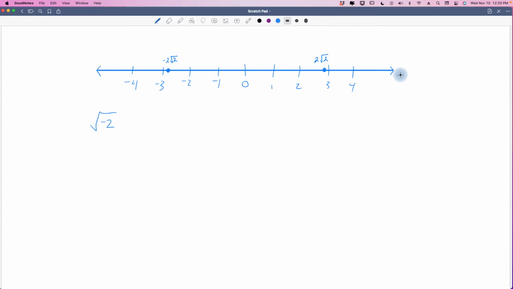So we call these numbers that can't be graphed, that have this designation here of a negative under the radical, imaginary numbers. And because they're imaginary numbers, they are not real numbers. So we call it a complex number. Something like this, we could turn this into the square root of 2 times i. That would be a complex number.